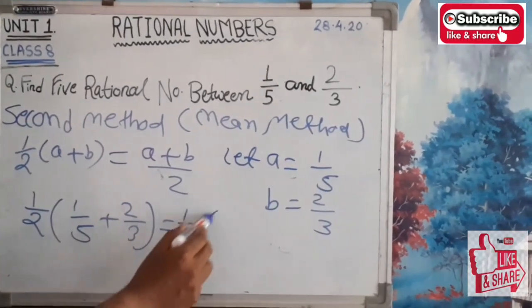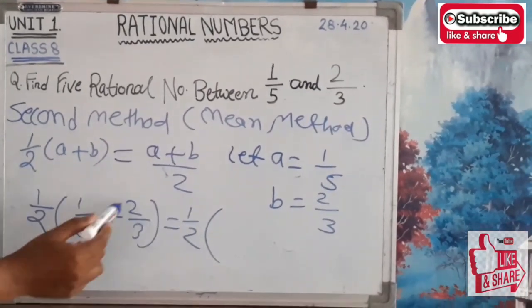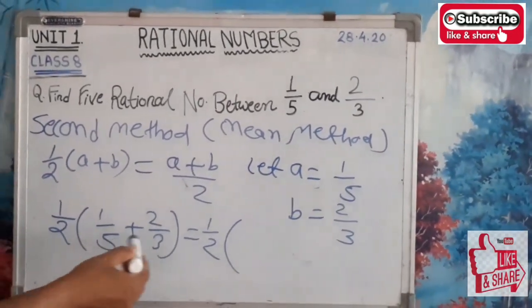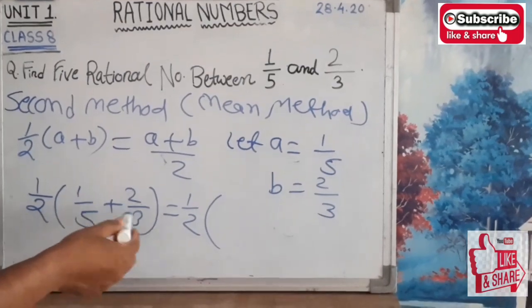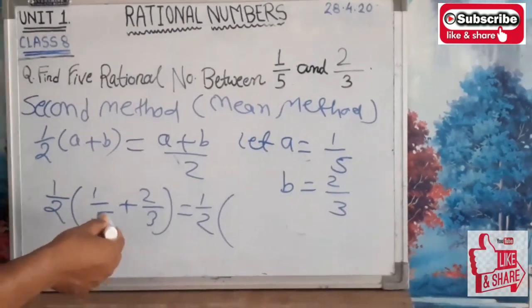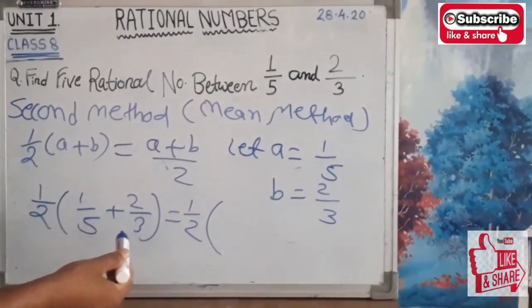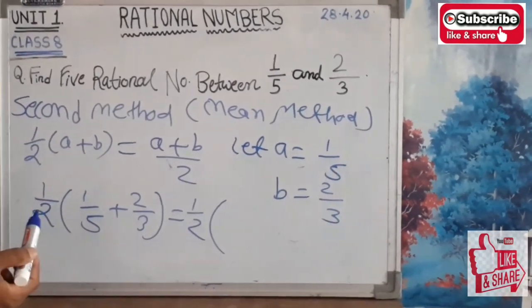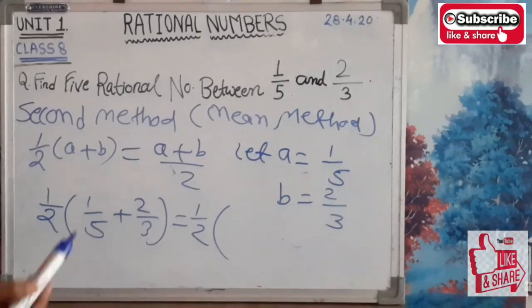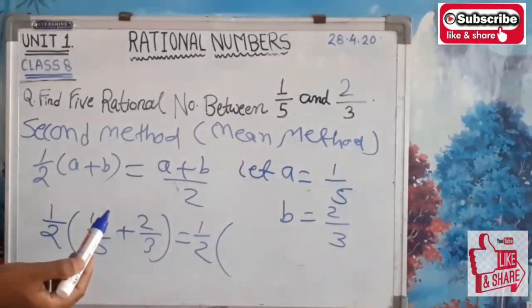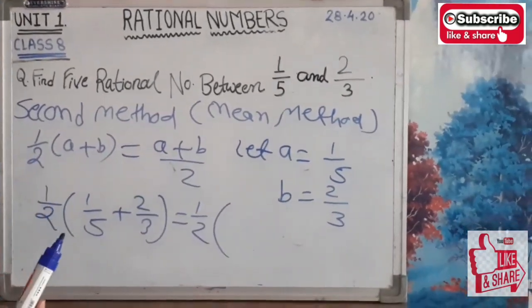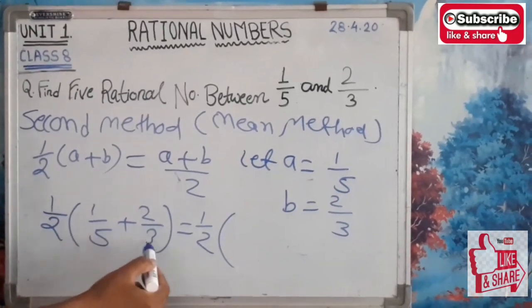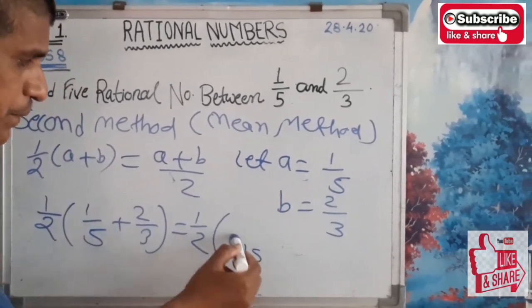Now you see, children, 1 by 5 and 2 by 3 have different denominators. They are called unlike fractions. In class 7th you studied that to add unlike fractions, we convert them into like fractions by getting the LCM. The LCM of 5 and 3 is 15.